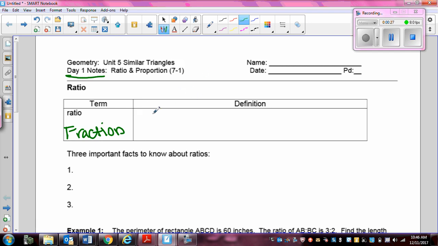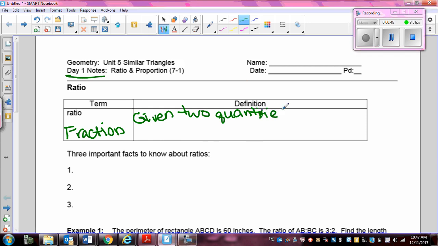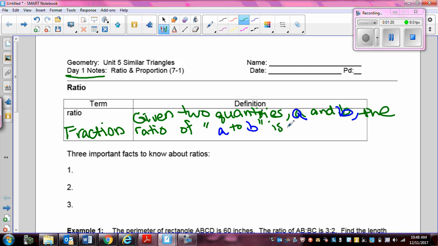Okay, the definition of a ratio is: given two quantities A and B, the ratio of A to B is written as, what did I say, a colon or a fraction?